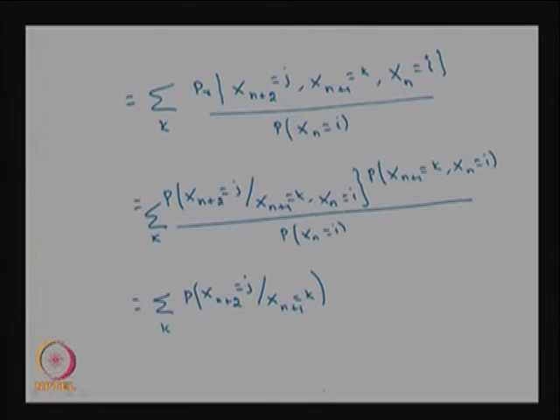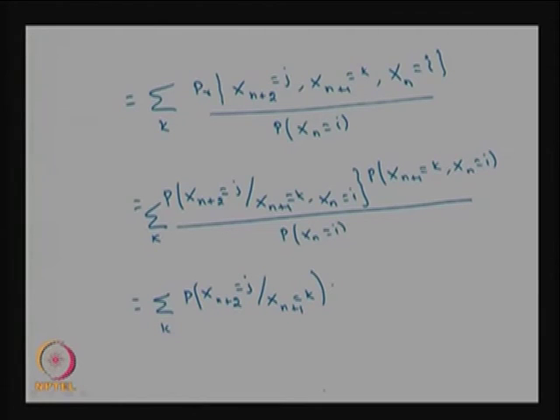Therefore, because of the memoryless property, X_n takes the value i is removed. So, this is the conditional distribution with only X_{n+1} and X_{n+2}. And similarly, I can apply this to the joint distribution of these two random variables X_{n+1} and X_n.